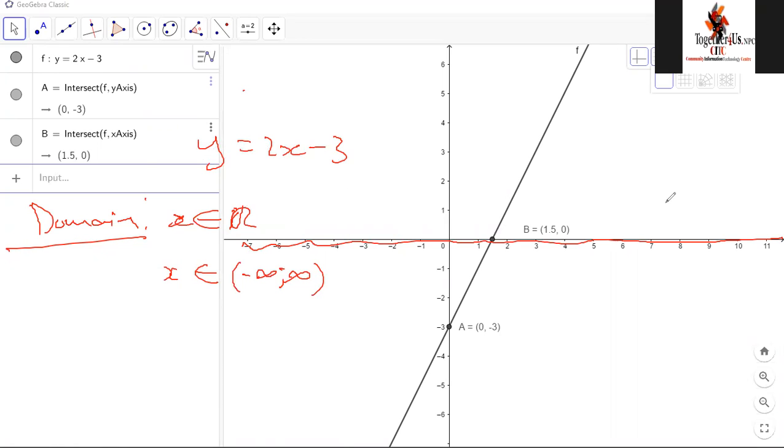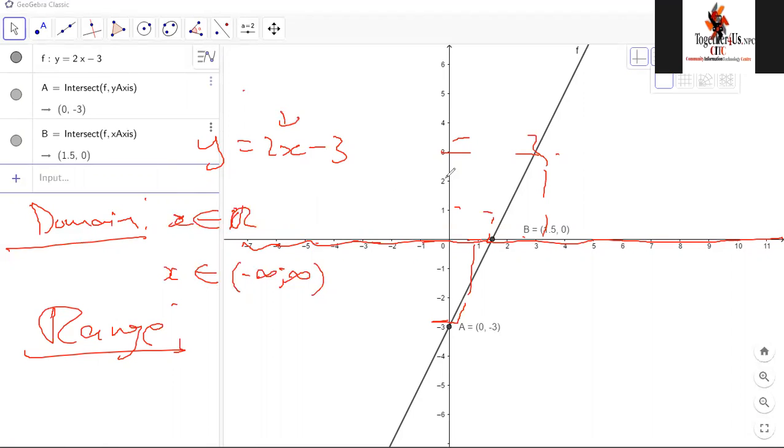That's what we see. So when we look at the domain, we are saying, for which x values is this function defined? And in this case, we can see for a straight line, all x values, as long as x is a real number, for every x value there will be a corresponding y value. Range, guys, refers to the set of values that you get as a result of the x values that you put in.